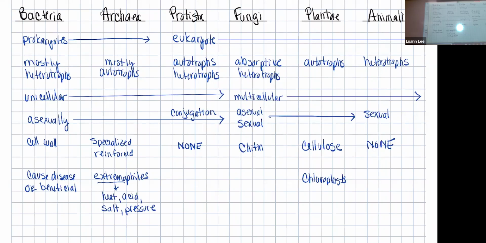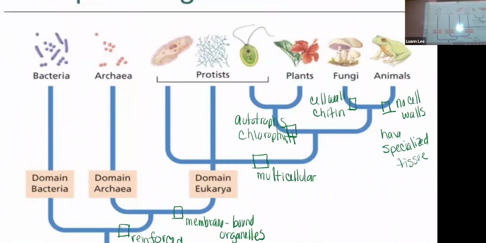Some of them. And what is it that animals had from your cladogram that made us different and special? What do we have? What's the last characteristic on your chart, on your cladogram? Last characteristic over there that animals have.